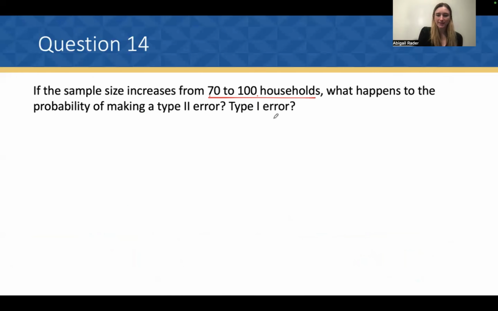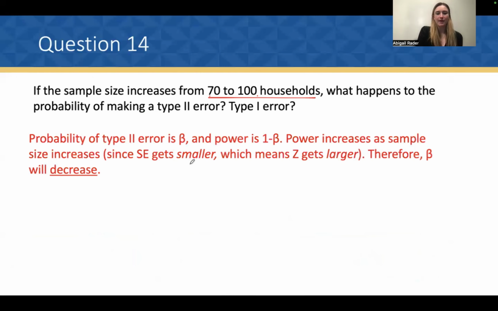What ends up happening is, as sample size increases, our standard error gets smaller. You can mathematically prove that, but you can also conceptually think about it. On a mathematical scale, as our sample size gets bigger, our variance is going to get smaller, and so our standard deviation is getting smaller.